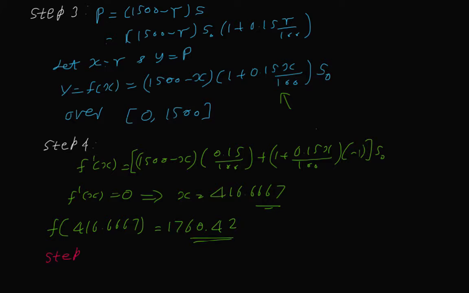Now step 5. According to this model, the optimal policy is to offer a rebate of around $420.